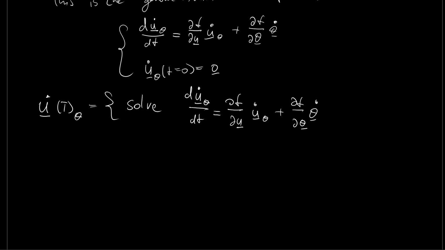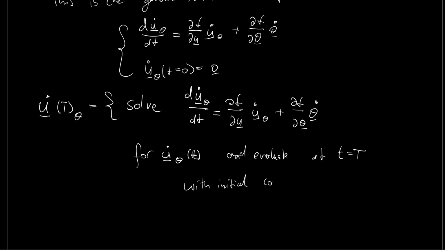And this shall be solved for u theta dot at time t. So here I put the brackets after the index, but I think you get what I mean. And evaluate at t equals capital T with initial condition.